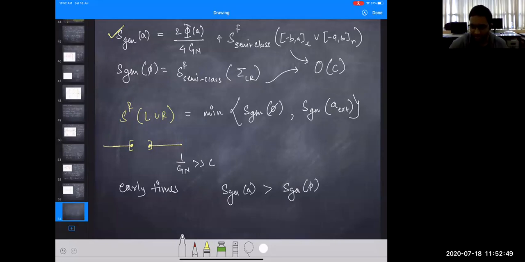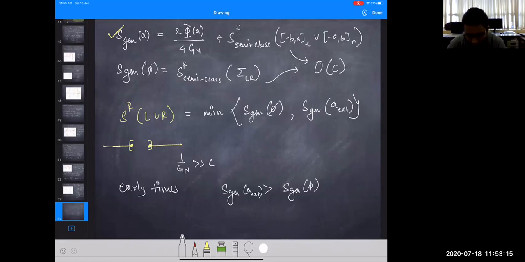Is that clear? Because S generalized of A extremal, whatever extremization problem you do, clearly has a 1 over G Newton piece, and 1 over G Newton is much greater than c. Hence, it's definitely greater than S generalized of the null set.